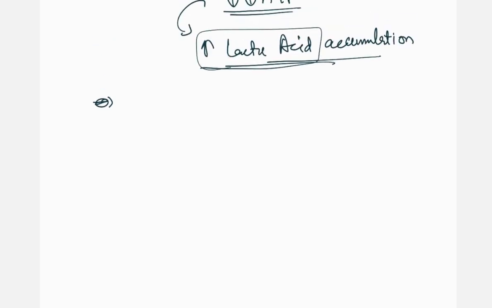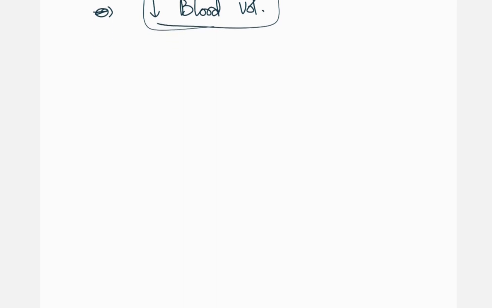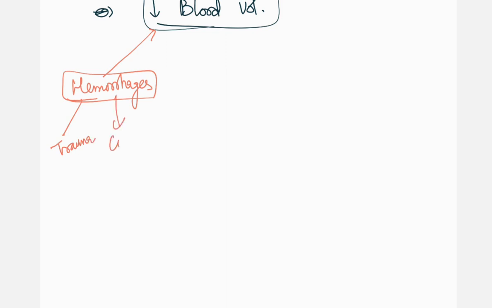We defined hypovolemic shock as being due to decreased blood volume. Now we can move on to the etiology, the things which cause the blood volume to decrease. What are the main causes which can cause loss of blood volume in our body? The first cause can be hemorrhage, which can have different causes, such as trauma or GI loss.